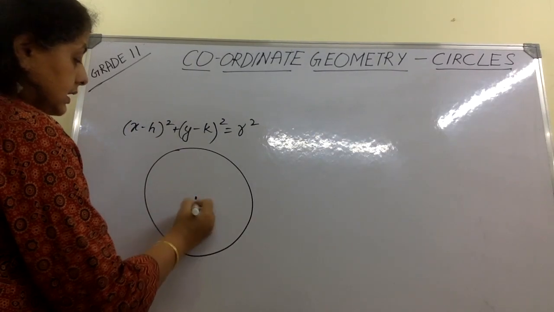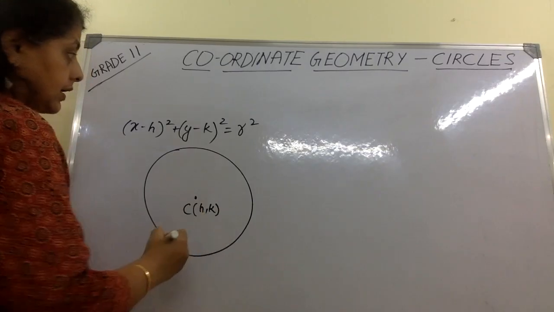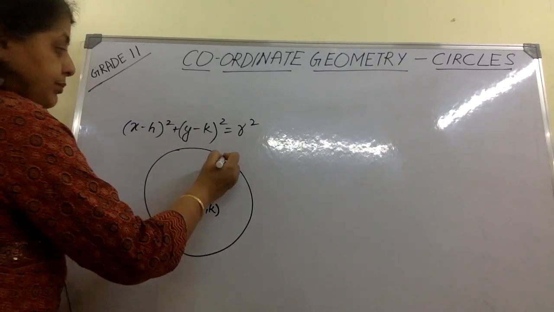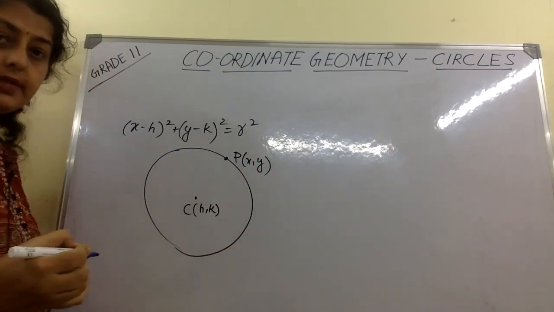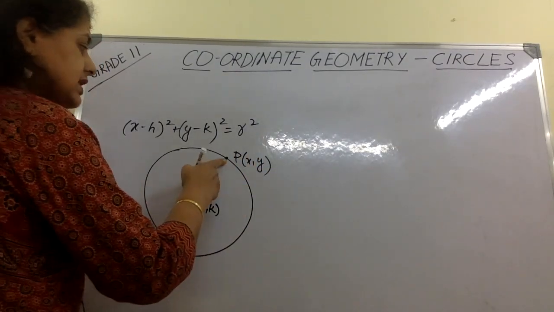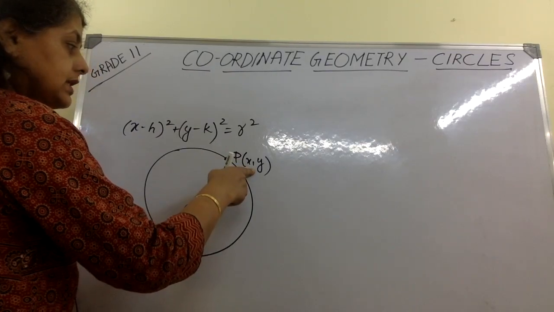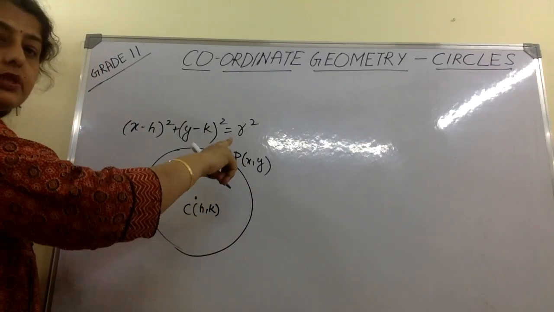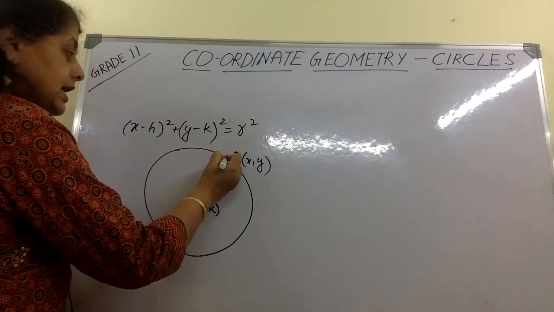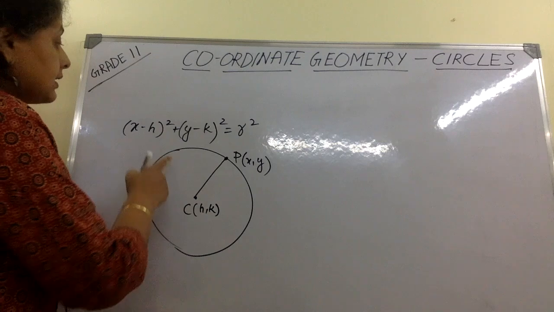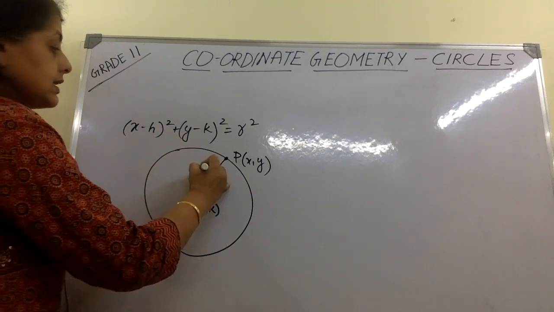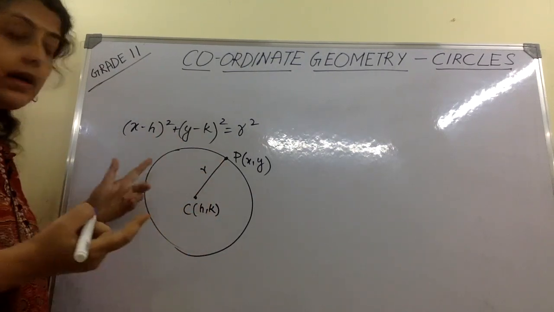Here C is (h, k) and P is (x, y). If this is a point P whose coordinates are (x, y) on the circumference of the circle, and the center is (h, k), then the equation of the circle is this, and this length is r.